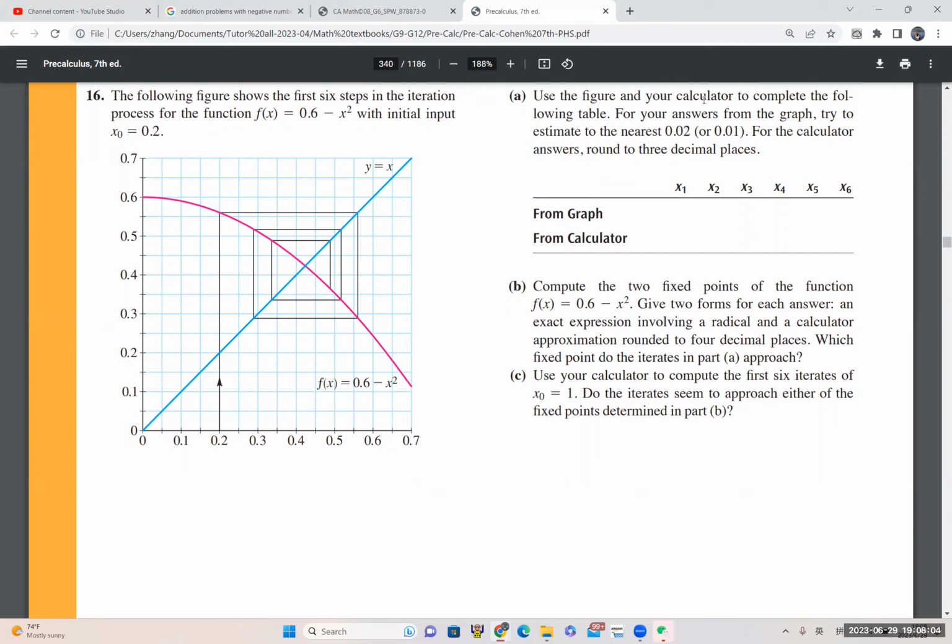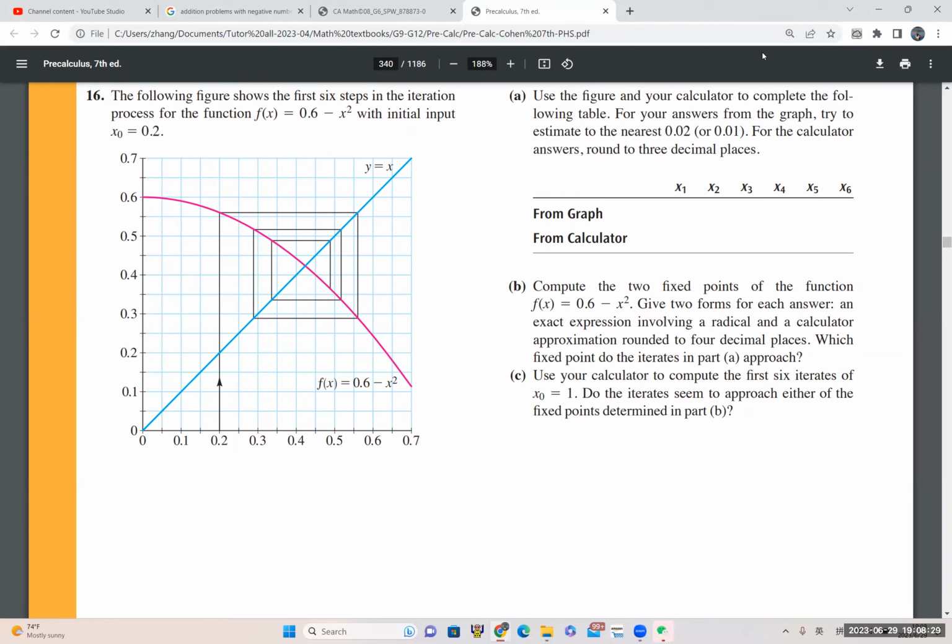That means you estimate just from the graph, right? You round to the nearest 0.02. But for the calculator, you need to be more precise, to 3 decimal places.